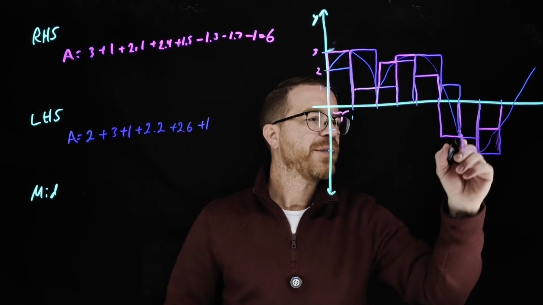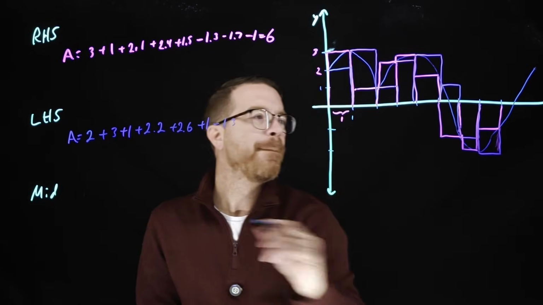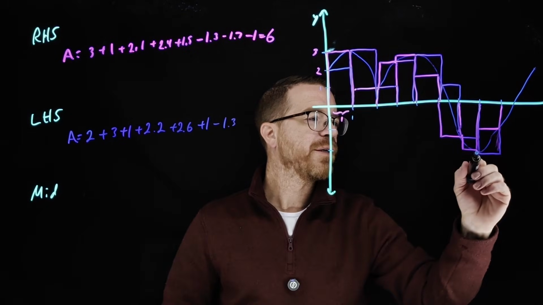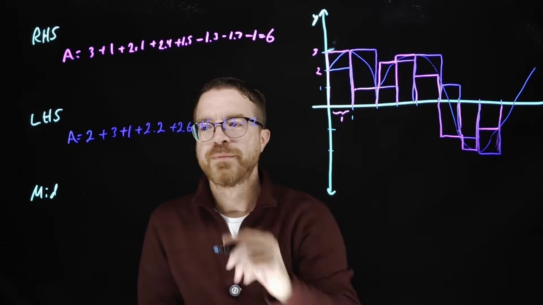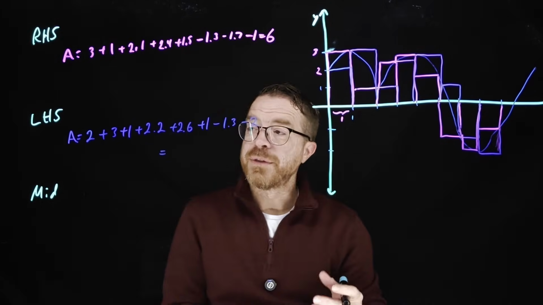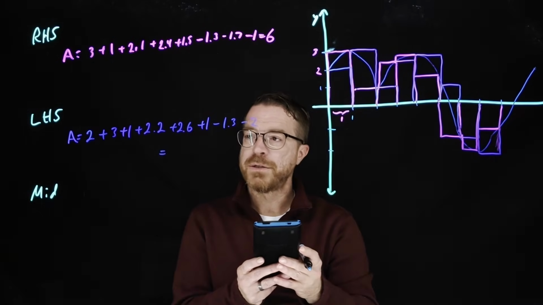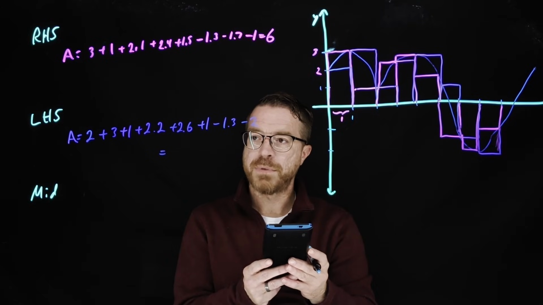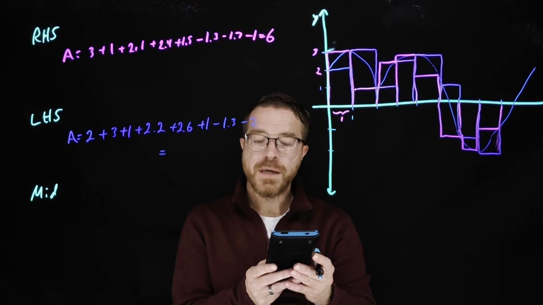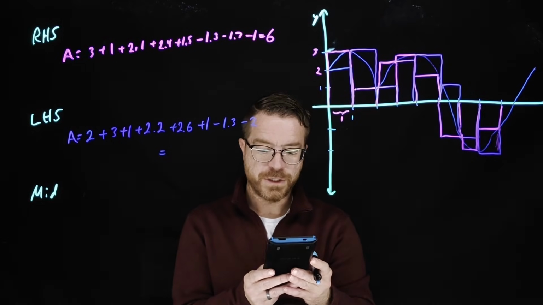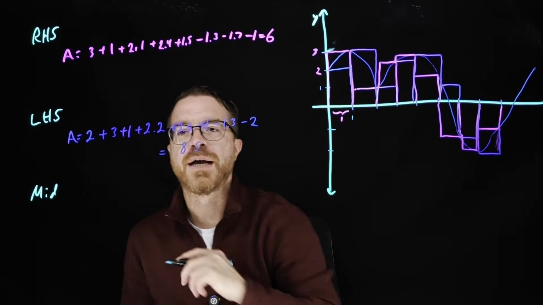Then we have that it goes down to negative 1.3, let's say. And my last one is going to go down to here, which is about negative 2. So again, I'm going to add all these up and see what my area is using my left-hand side. So this is going to be 2 plus 3 plus 1 plus 2.2 plus 2.6 plus 1 minus 1.3 minus 2. And I got an area of 8.5.